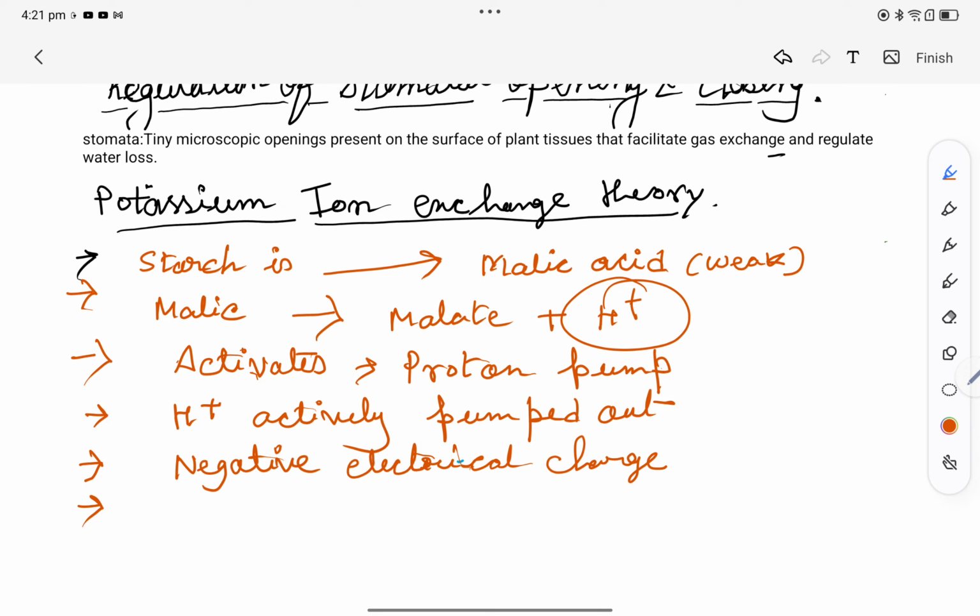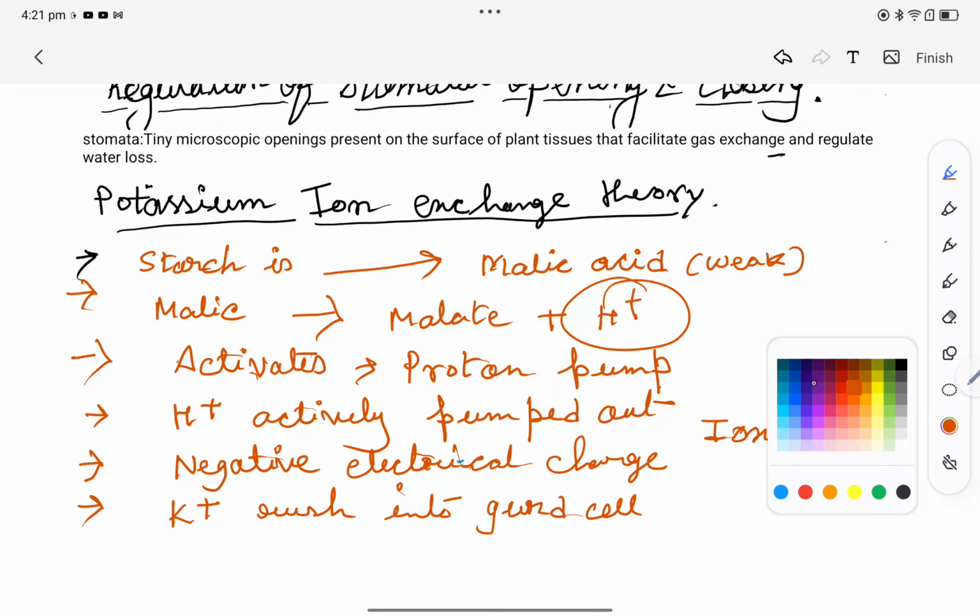To maintain the balance of ions, K plus, that is potassium ion, will rush into the guard cell. This process is called ion exchange.